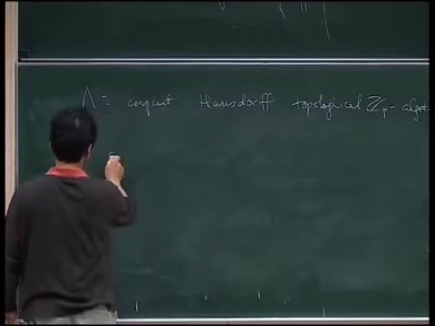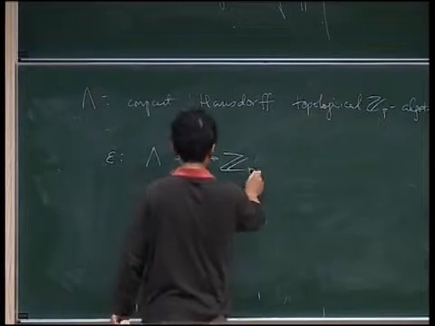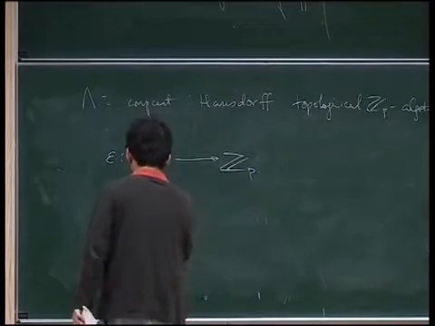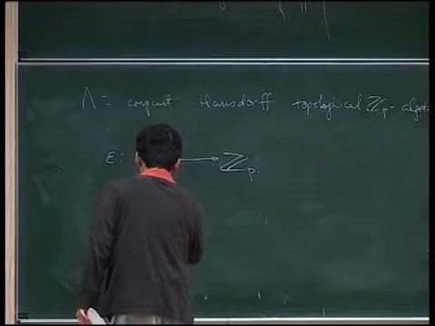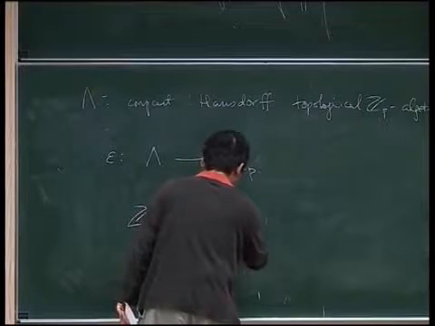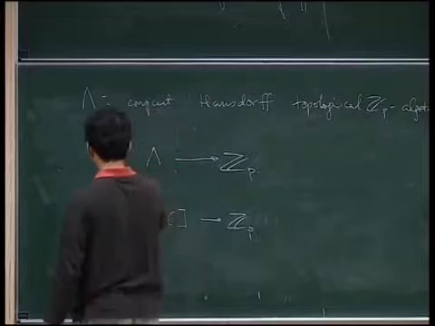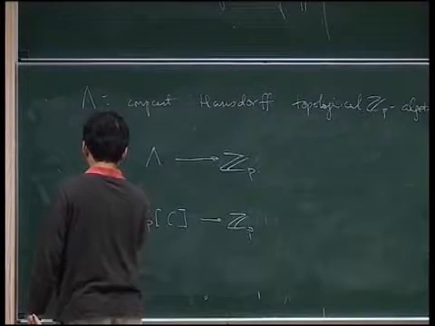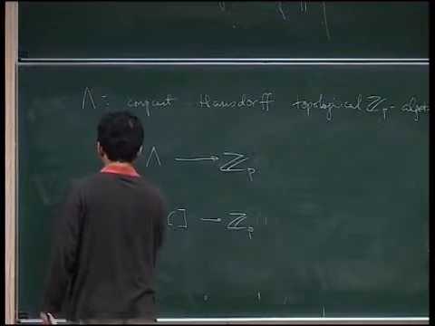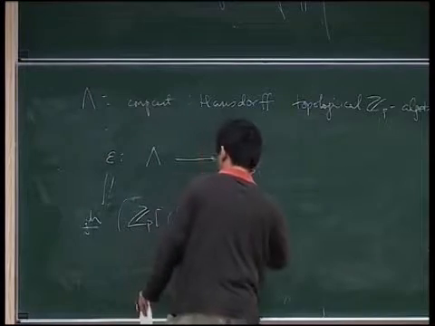I'll denote by epsilon the augmentation map. Okay. So what this is, recall, is that all these Z_p C are equipped with the augmentation map to Z_p that sums up the coefficients, and this is the inverse limit of this kind of augmentations, the inverse limit of these maps.